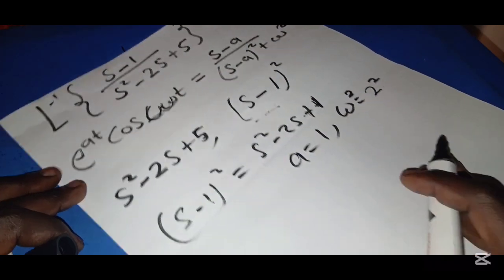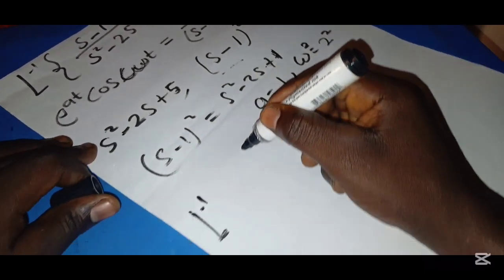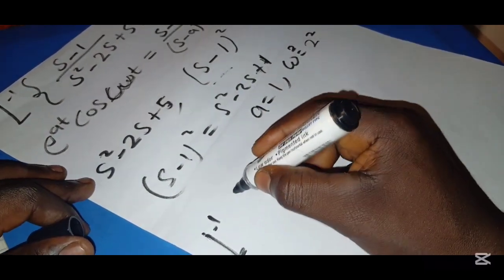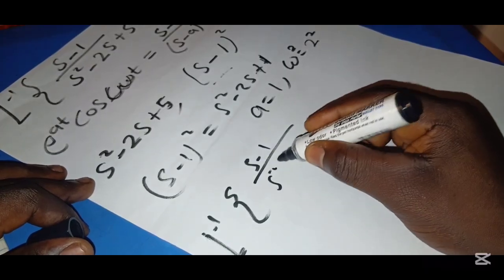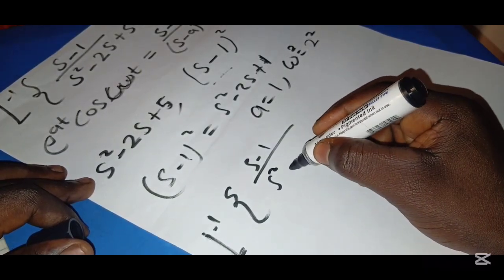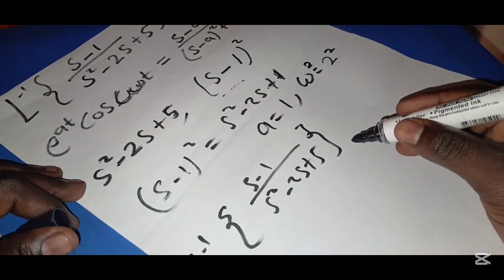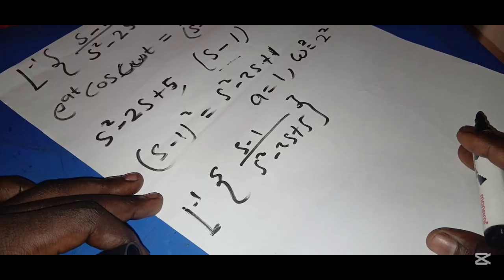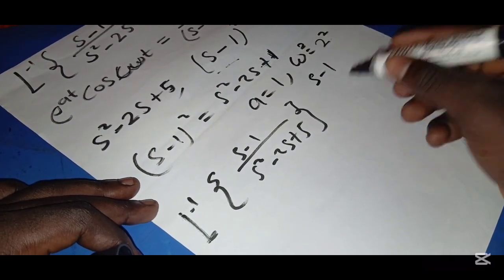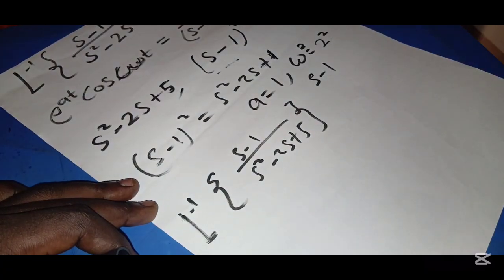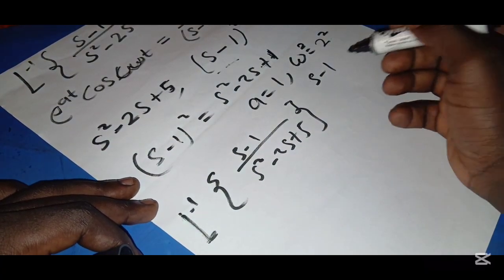Just substitute in. So it means that the inverse Laplace transform for (s minus 1) all over s squared minus 2s plus 5 is the same as, since we know that from this we got the value for A, and even looking at the numerator, it's giving you the value for A. But how sure are you that there wasn't a term multiplying?